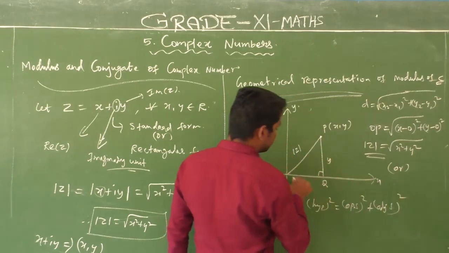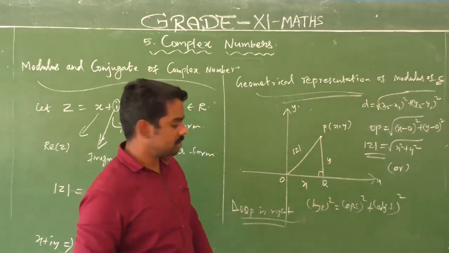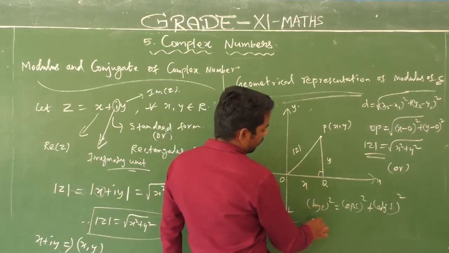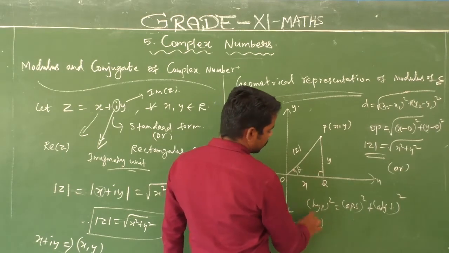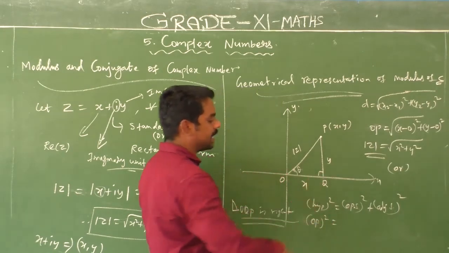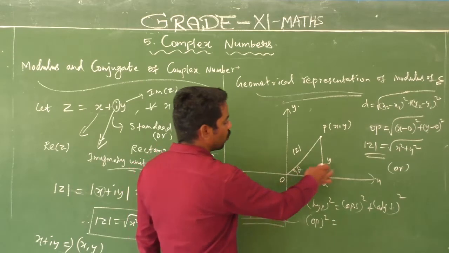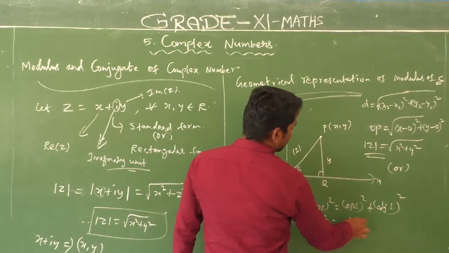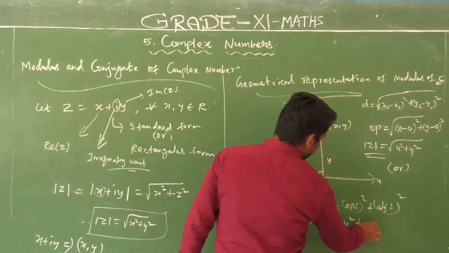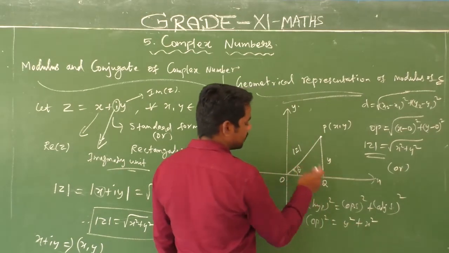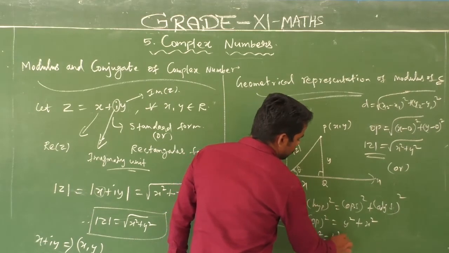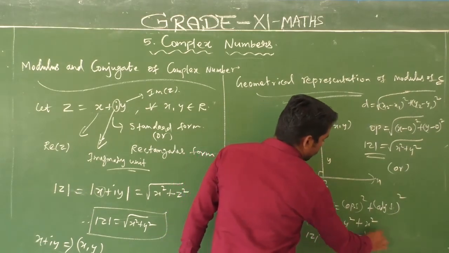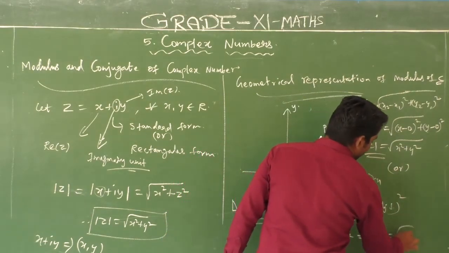Here OP is the hypotenuse. The opposite side is y and the adjacent side is x. So OP square equals y square plus x square. OP is modulus z, so modulus z square is equal to x square plus y square, which implies modulus of z is equal to root of x square plus y square.